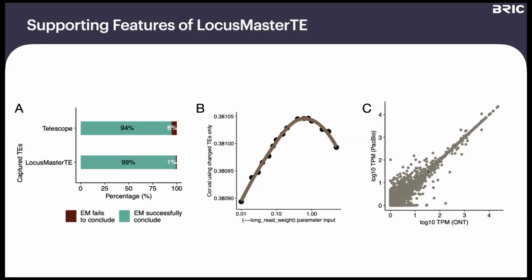And we do see quite a good correlation, although there's slight variation, but in general there is a quite good correlation with a 0.9 Spearman rank correlation coefficient. This indicates that both ONT, nanopore, and PacBio serve as suitable long read inputs for LocusMasterTE.